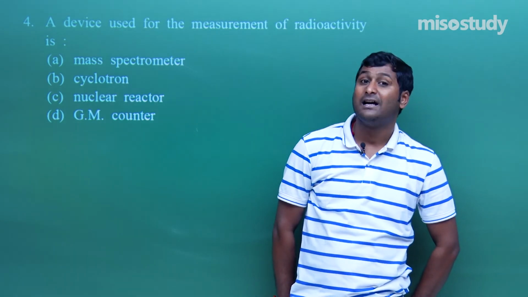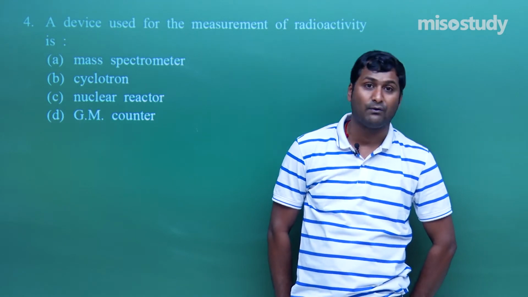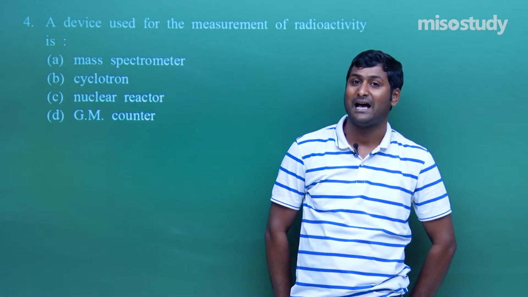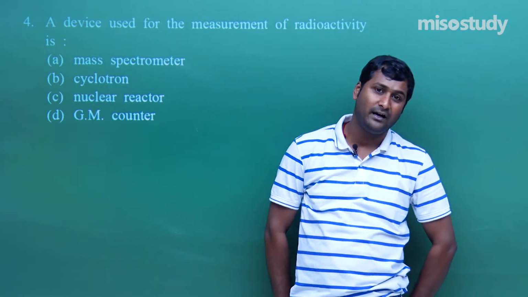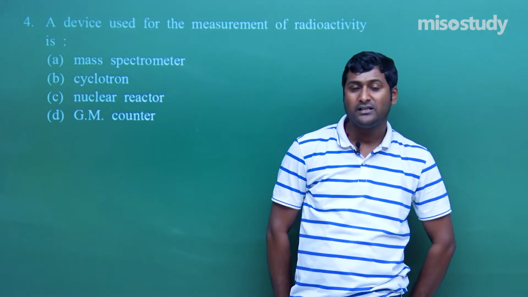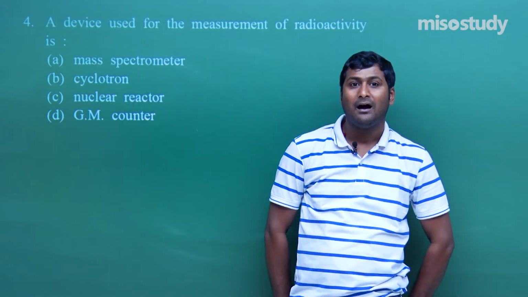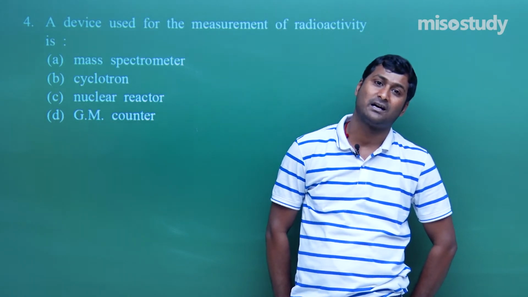NaI or TlI. But Rutherford was the first person who used a phosphorescent material, that was ZnS, zinc sulfide. What is a phosphorescent material, my friend? Sir, it's very easy. A material which gives a glow when invisible rays or electromagnetic rays fall on its surface.